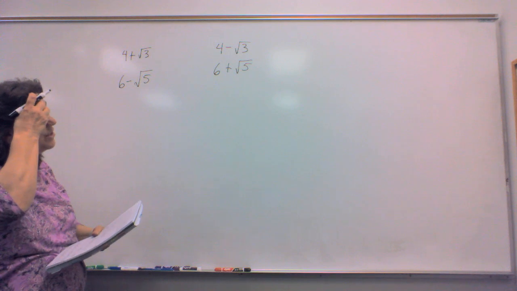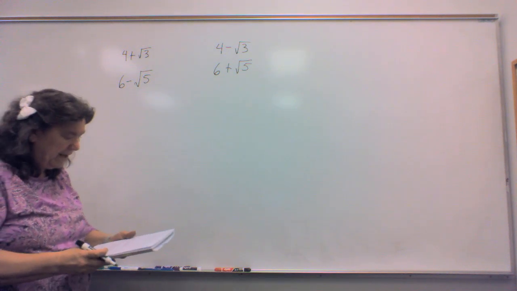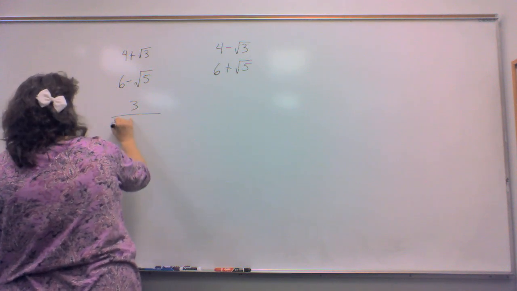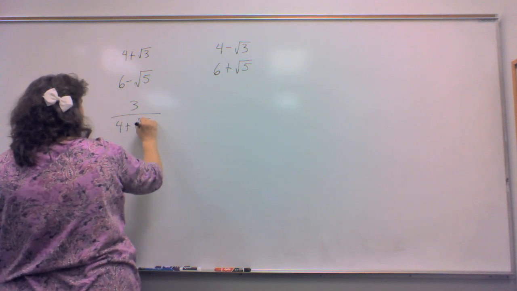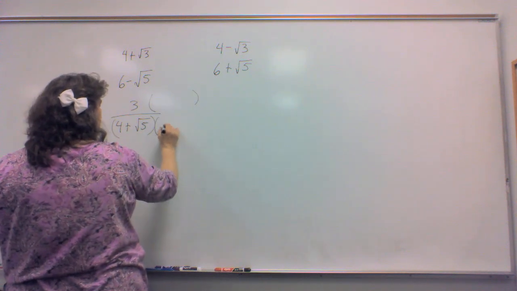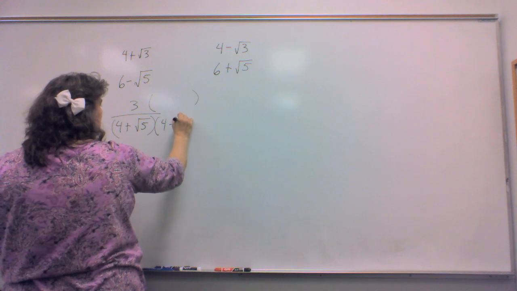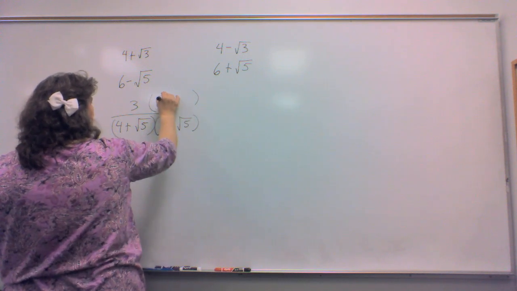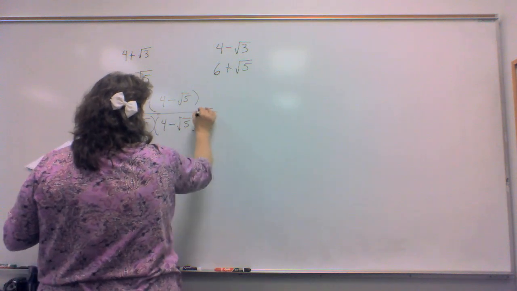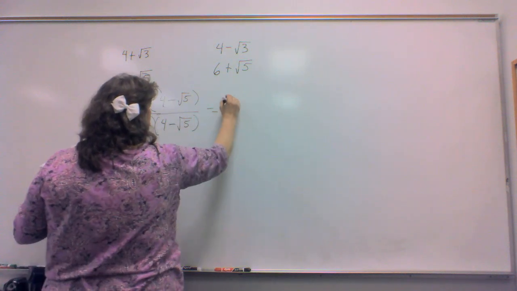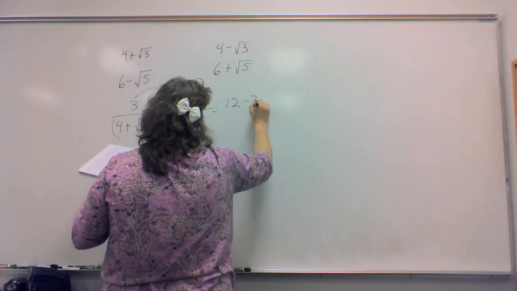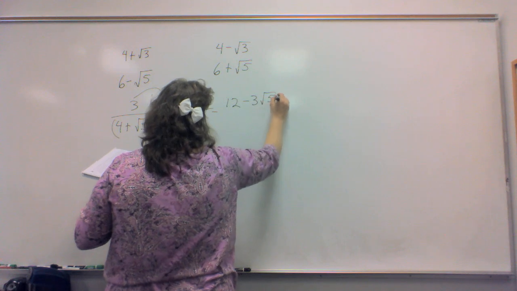So now let's look at using the conjugate to simplify one of these. So you have 3 over 4 plus square root of 5. So now we're going to have to multiply times the conjugate. 4 minus square root of 5, 4 minus square root of 5 equals, okay, 3 times 4 is 12. 3 times negative square root of 5 is minus 3 square root of 5.